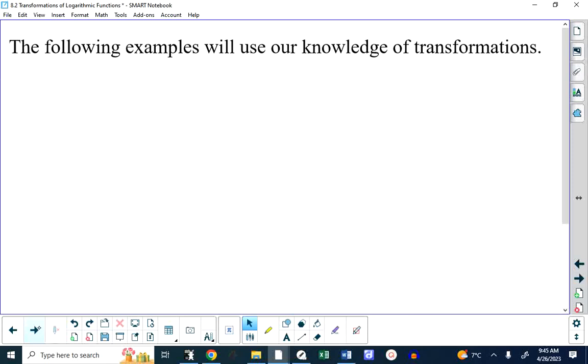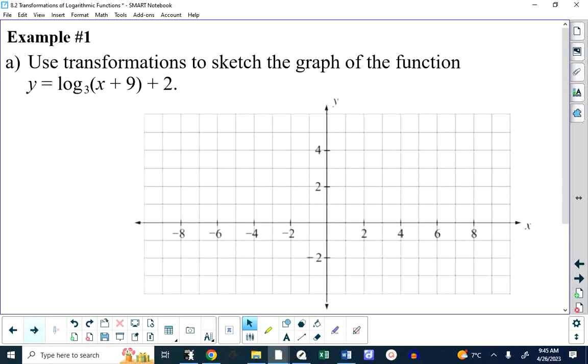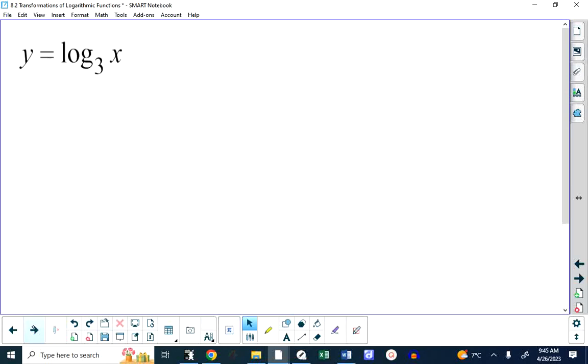In the following examples, we're just going to use our knowledge of transformations. The first question says, sketch the graph of log base 3 of x plus 9, plus 2. We have to be able to sketch it without using a graphing calculator. This is tricky. The function we are after is a transformation of y equals log base 3 of x.